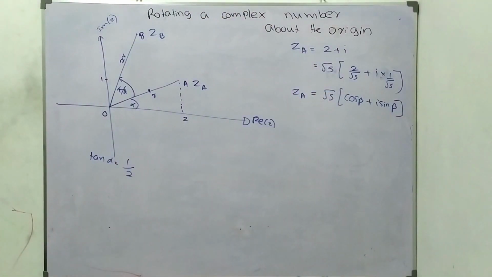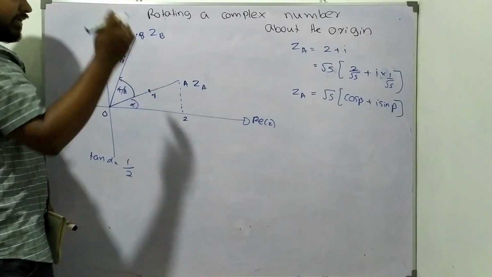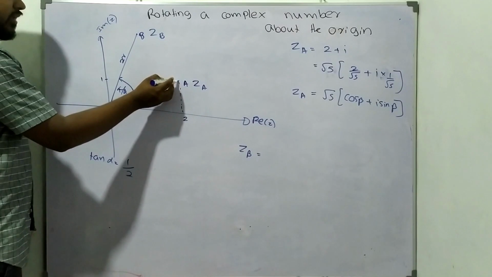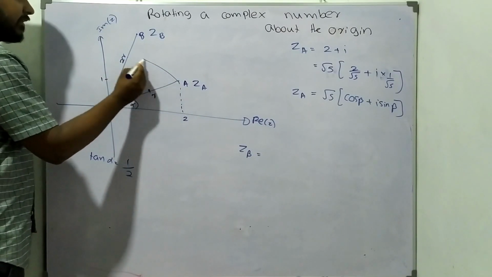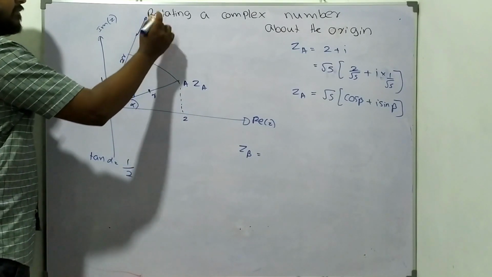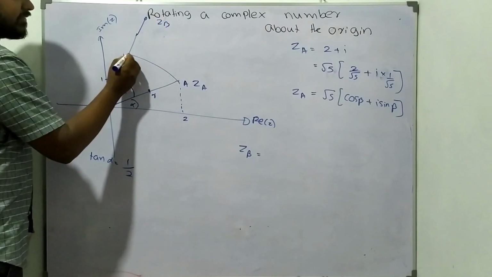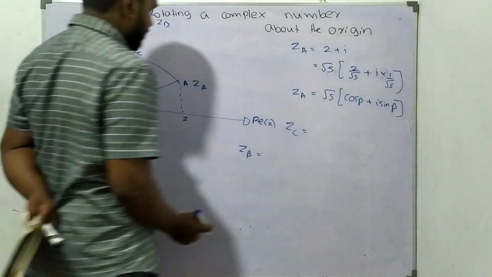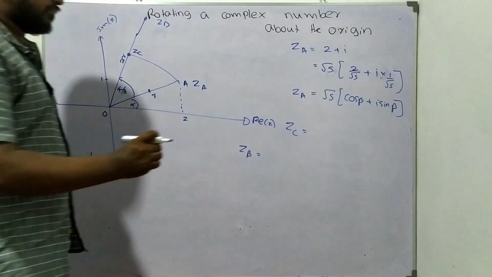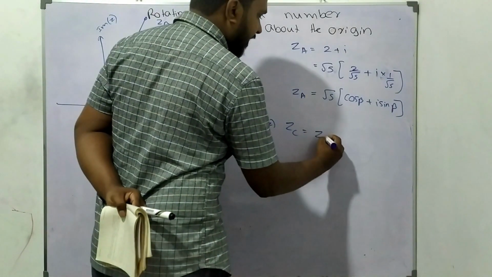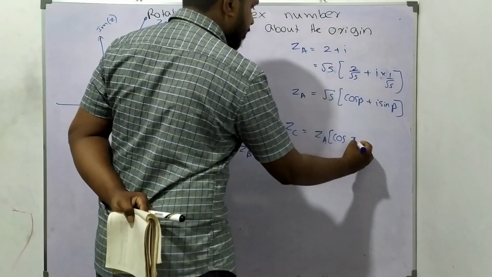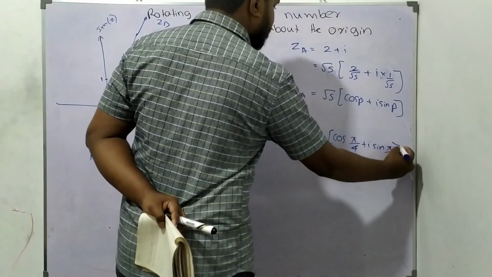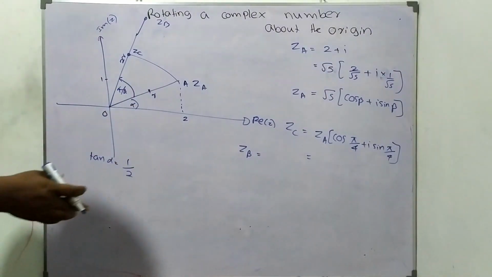Then I'm going to find this ZB complex number. If it is rotated, it's like a circle, so B is actually here. So you will get this ZC. ZC will be ZA times cos pi by 4 plus I sin pi by 4.